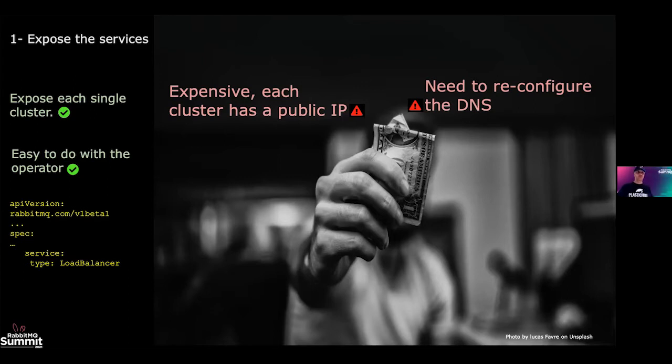Maybe you need to reconfigure the DNS, because you need to map your domain with the new IP and stuff like that. And also, this is my personal opinion, you should always put a proxy when you want to expose your private service to the public network. A proxy is another layer that gives you more security and more control in your system.